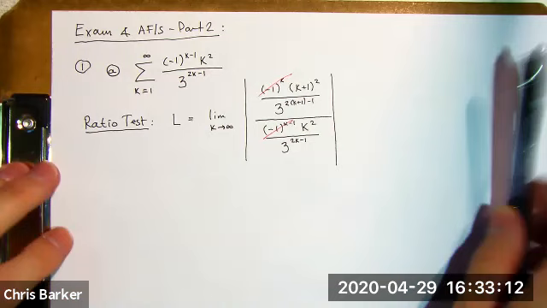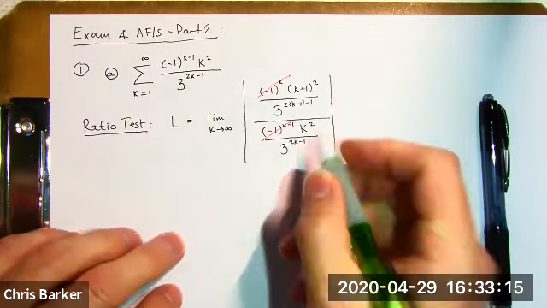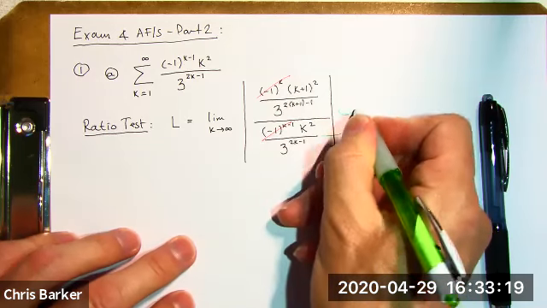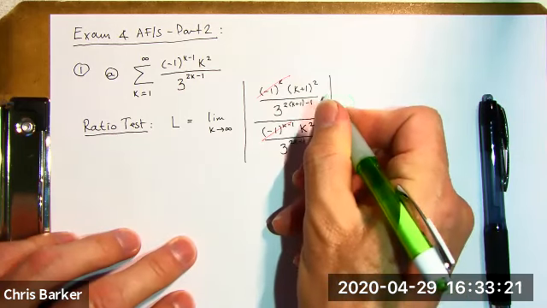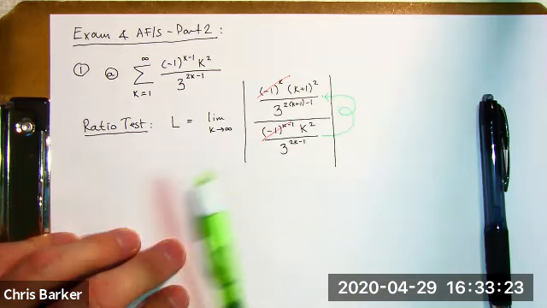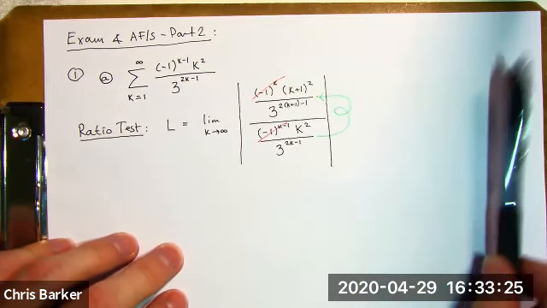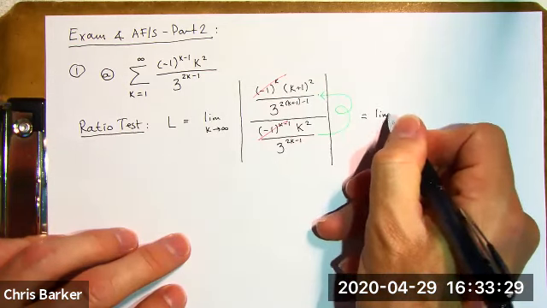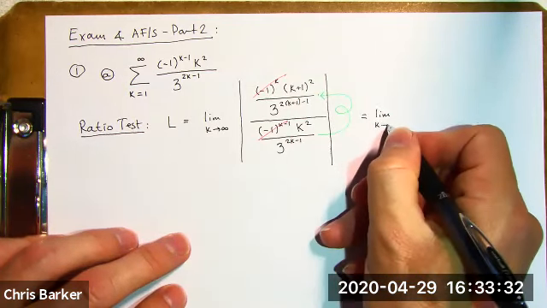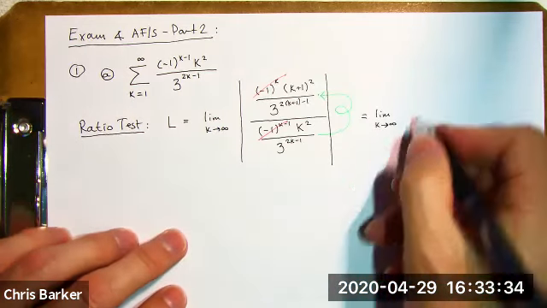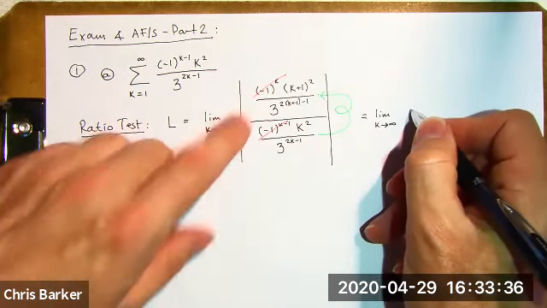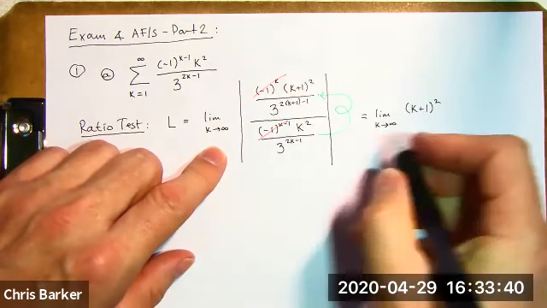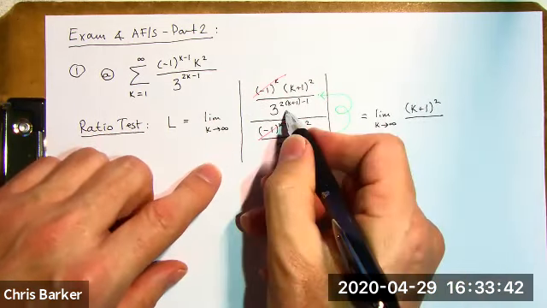All right. So now we're going to take the bottom fraction, flip it over, and multiply it by the top one, like that. Okay. So doing that, we get the limit as k goes to infinity of, all right, so k plus 1 squared, that's still there, over, now I'm going to simplify this as I rewrite it.